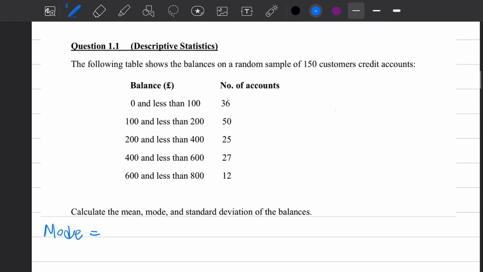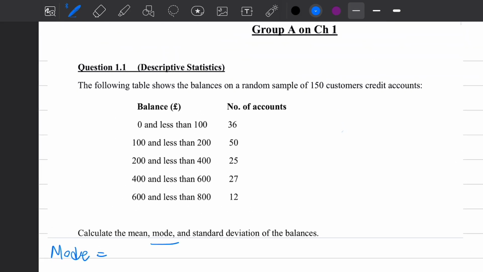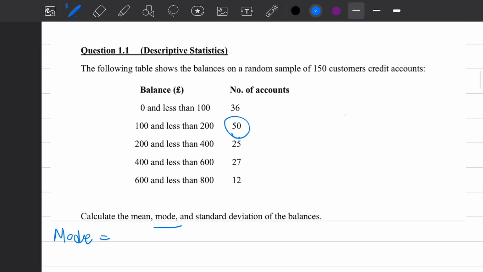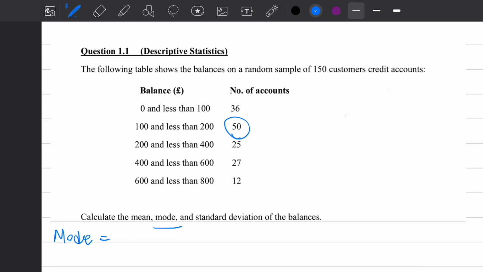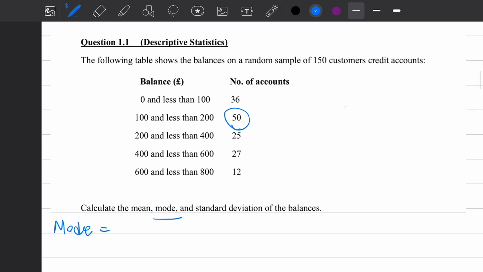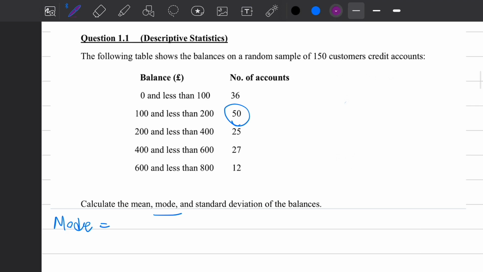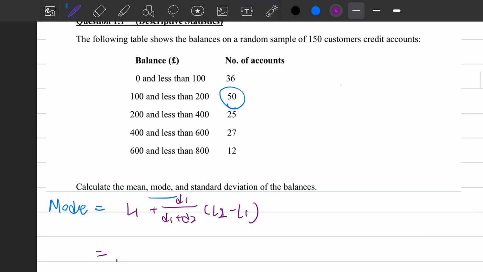Next question, now we need to find the mode. The mode can be found by the largest frequency of the class, which is 50, that has the largest frequency. But in grouped data questions, if we want to find the mode, the equation should be used. L1 is the lower boundary of the modal class, which is 100.